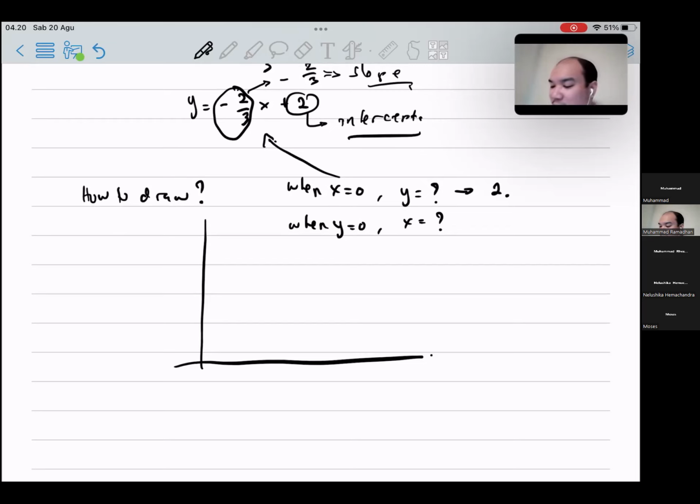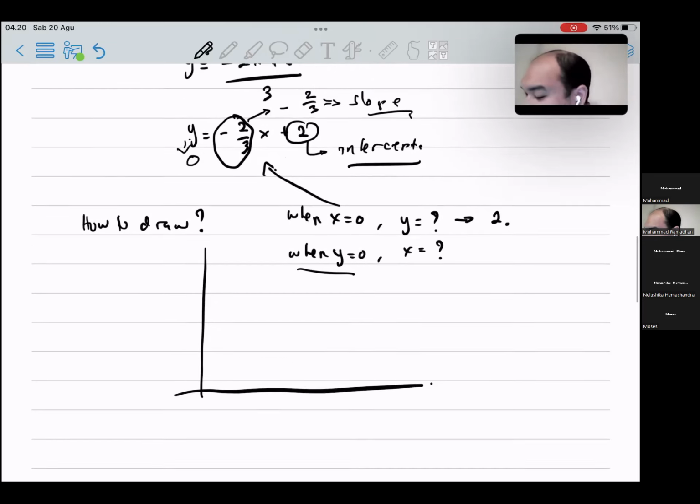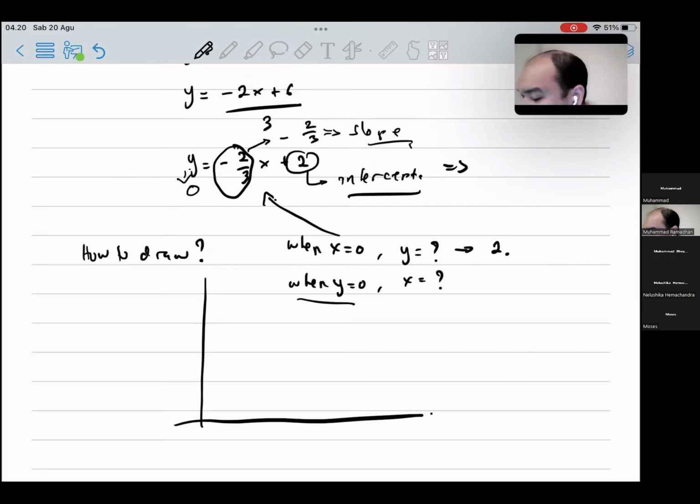And then when y equal to 0, put 0 in this. You will get 0 equal to minus 2 over 3x plus 2. So 2 over 3x equal to 2, x equal to 2 multiplied by 3 over 2, which is x is 3.